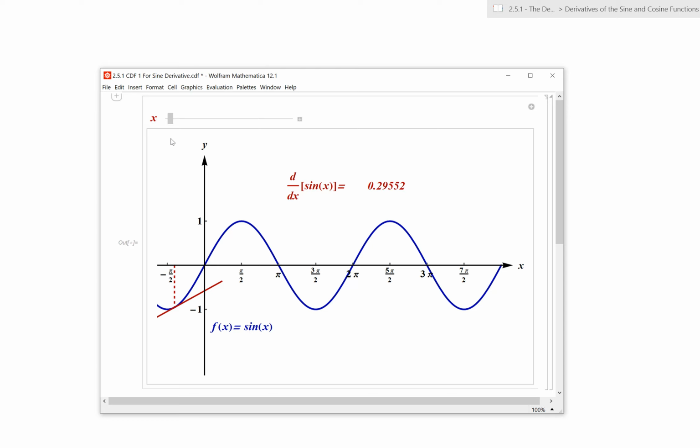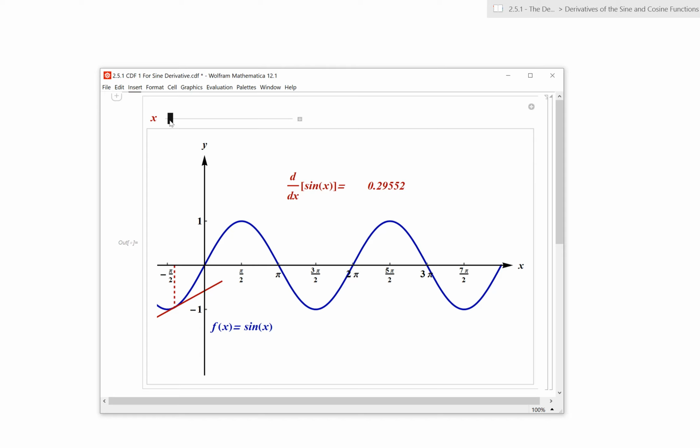From negative pi over 2 to pi over 2, the sine function is increasing, so the slope is going to be positive. And since at negative pi over 2 the slope is 0, we should expect the slope to get larger and larger throughout this interval, but then eventually get tinier again as we get close to pi over 2.